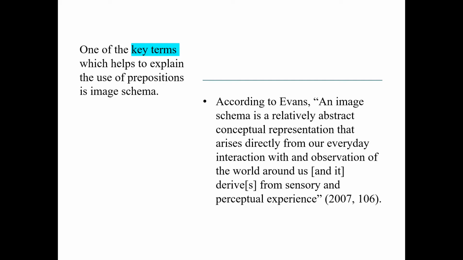In an image schema, the trajector or figure is the focal entity in a spatial scene, while the landmark or ground relates to the background entity that serves as a frame or reference to the trajector.